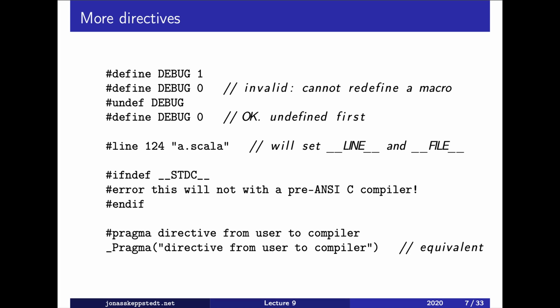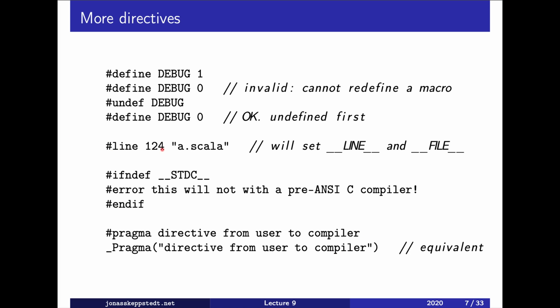More about defining object-like macros, and what this shows is that we cannot redefine the value of a macro unless we first undefine it. We cannot change line and file predefined macros directly, but we can use #line.